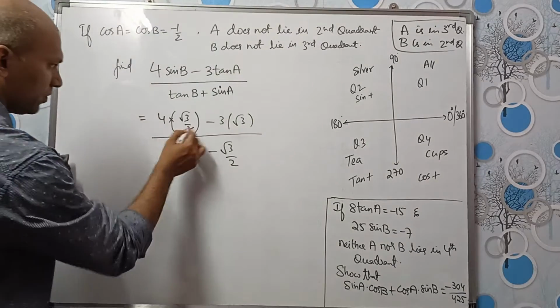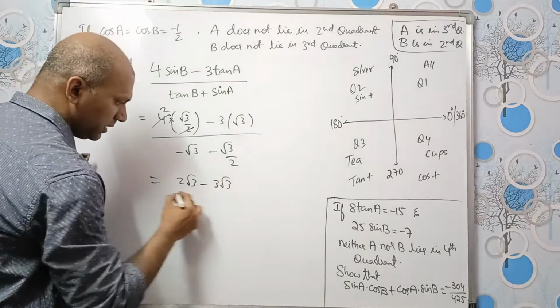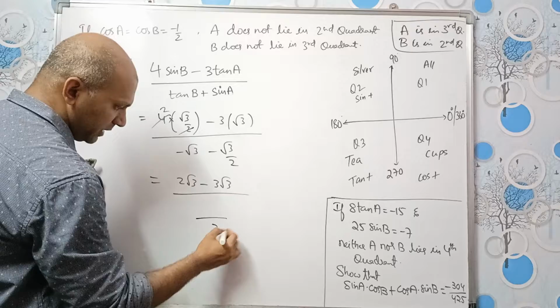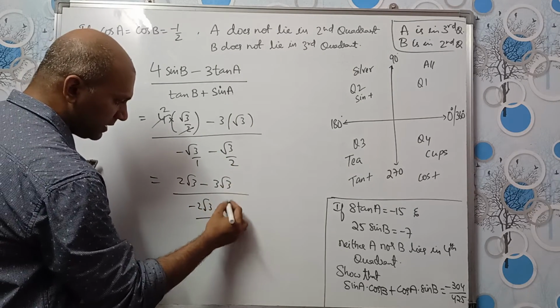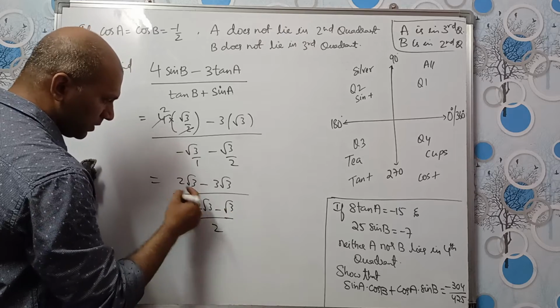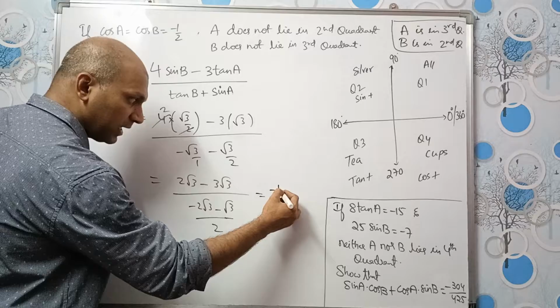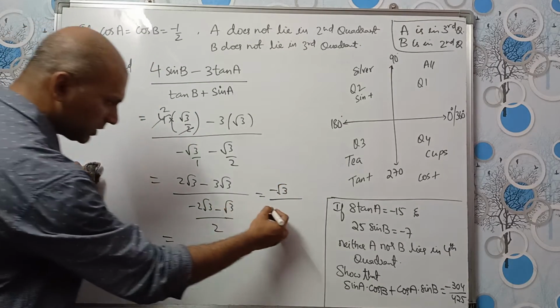Okay, so we can cancel this. This will be 2 root 3 minus 3 root 3 divided by, okay, so denominators are different, so cross multiply. So 2 root 3 minus 3 root 3 is minus root 3, right? Divided by, this is how much?